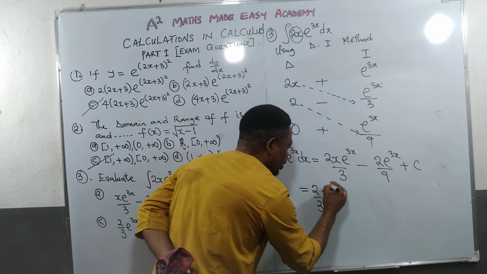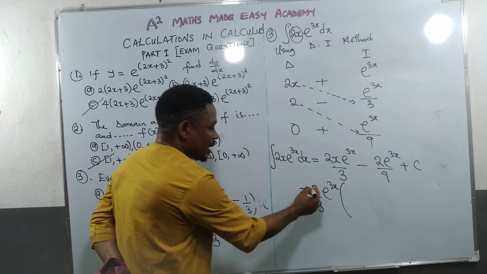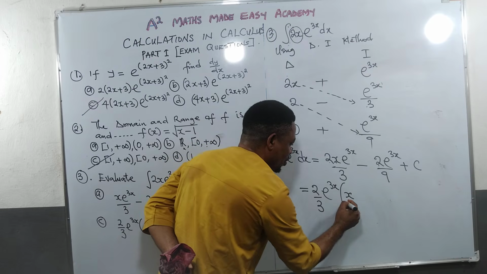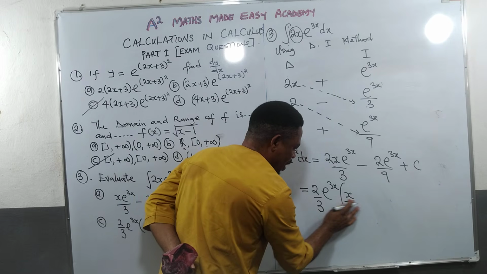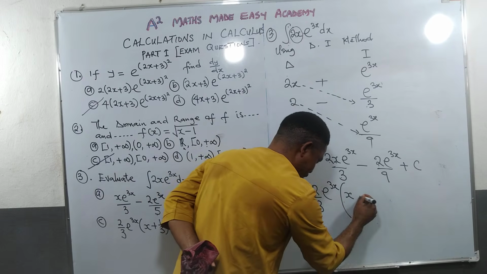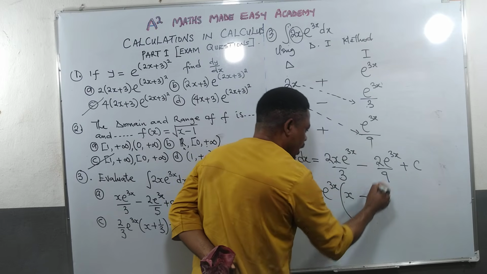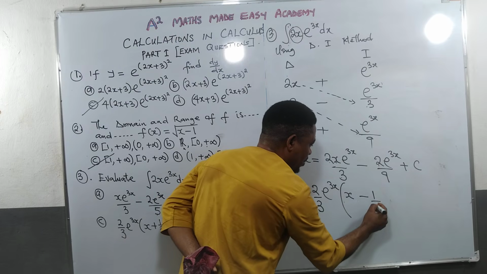I will now say exponential 3x, open the bracket. By the time 2 goes with 2, expo goes with expo, what remains there is x over 1. Are you with me? Then you now say only x minus, 2 goes with 2, expo goes with expo. It becomes 1 all over 3. 3 can go into 9 how many times? 3 times.